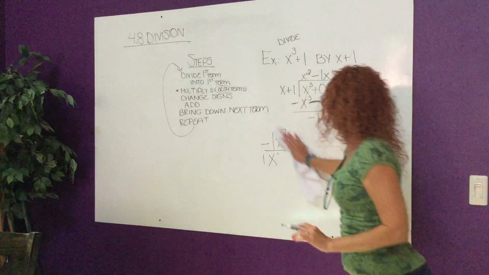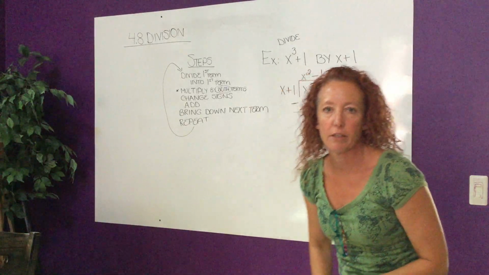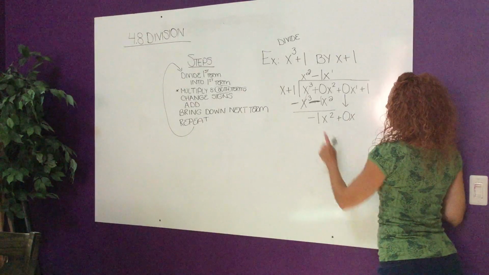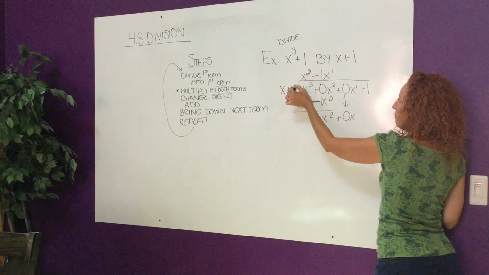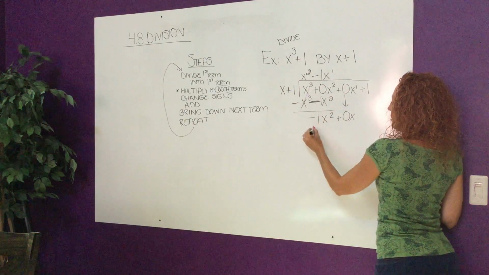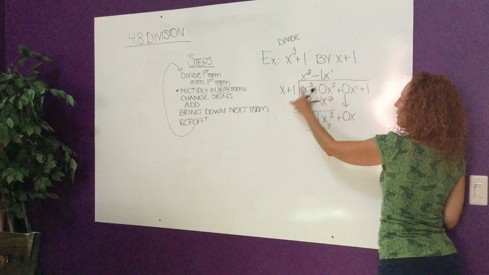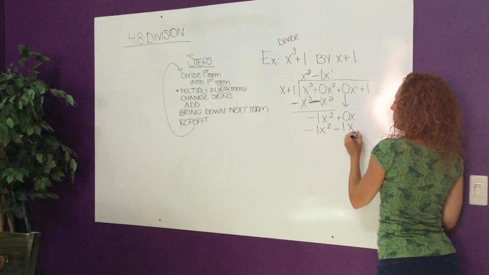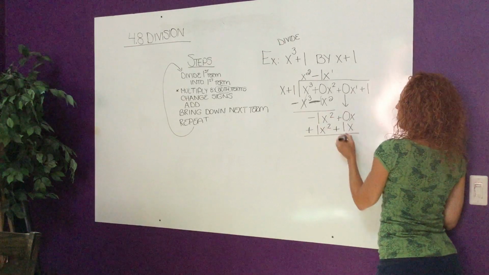All right, I'm a big fan of convincing yourself that what I'm saying is true by scribbling it out off to the side. So we divided first into first. Let's multiply it through. So this times this is -1x squared. It's -1x times 1, so it's -1x. Change the signs and add straight down.